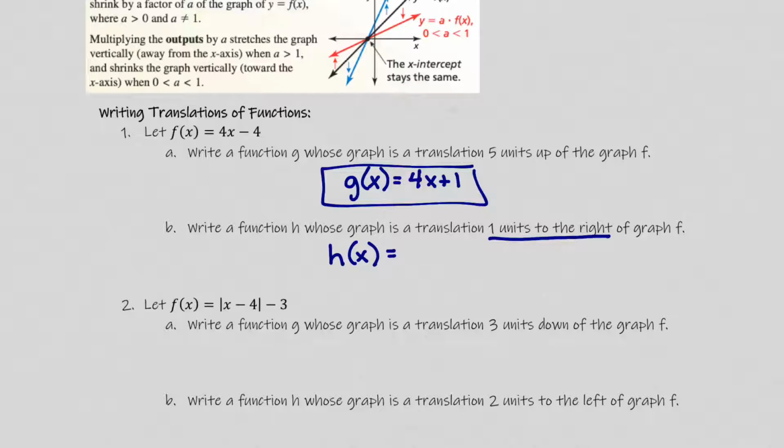Nothing is inside with x right now, so I just leave my 4, put my x in there, and right is when x is positive, so I'm going to actually write minus 1 because h is 1, but the equation is x minus h. And then I still have that minus 4 left on the end of my original function. So that is what my function became.